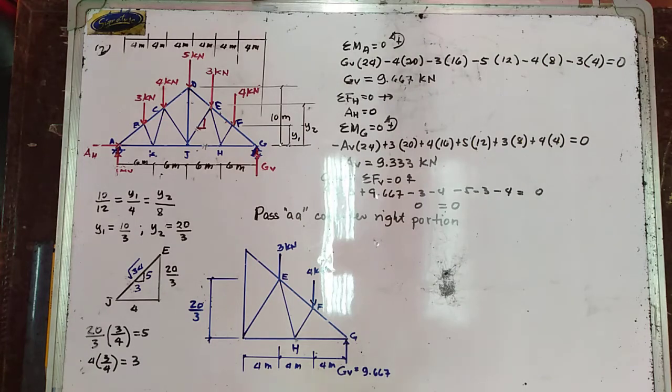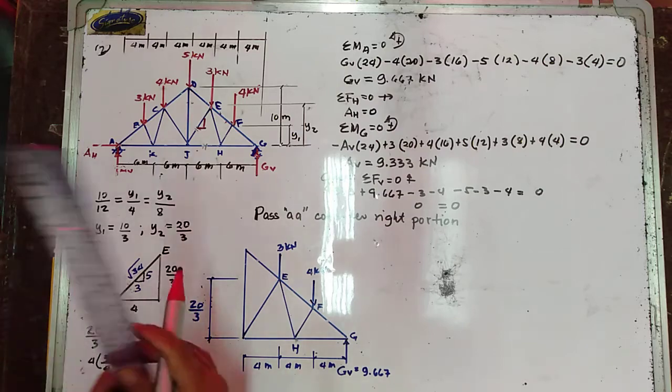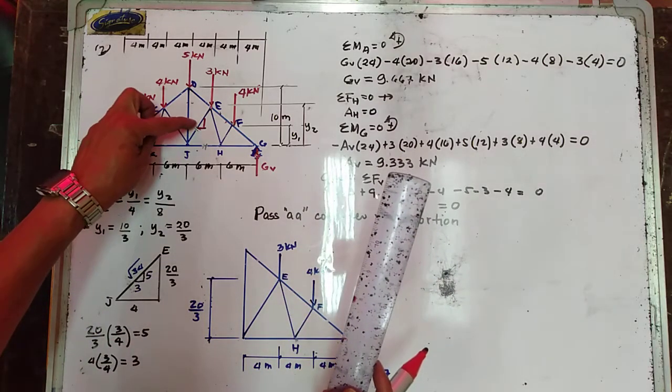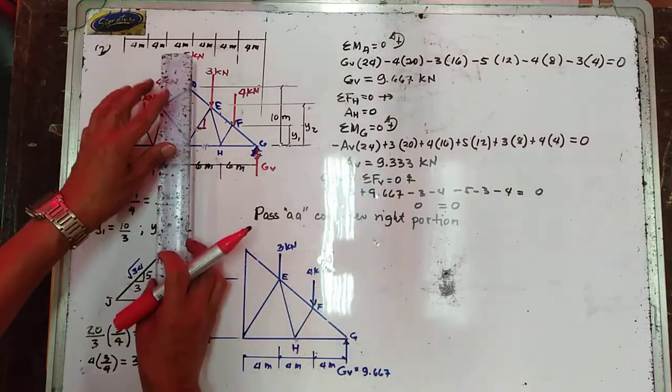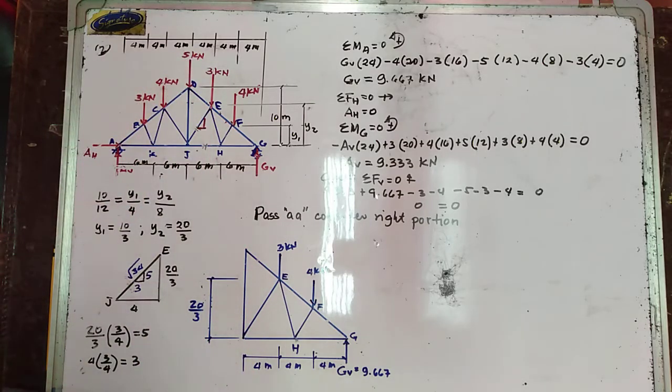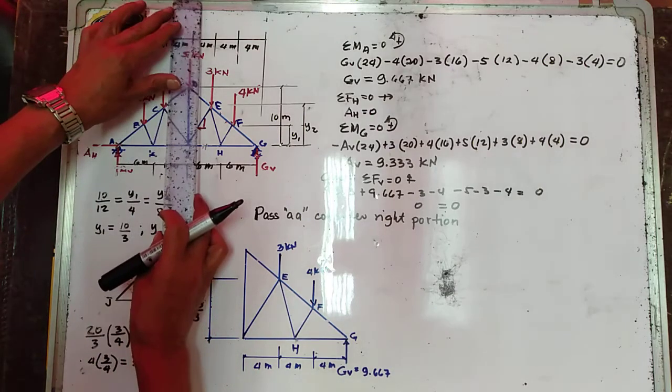Next, let us try to pass a cutting plane. So we are required to determine EJ and HJ. So let us try to pass an exploratory section or a cutting plane passing through EJ and HJ.